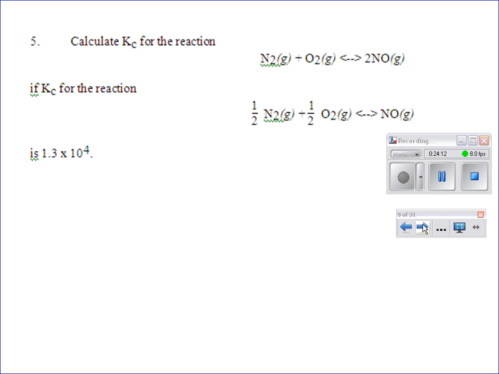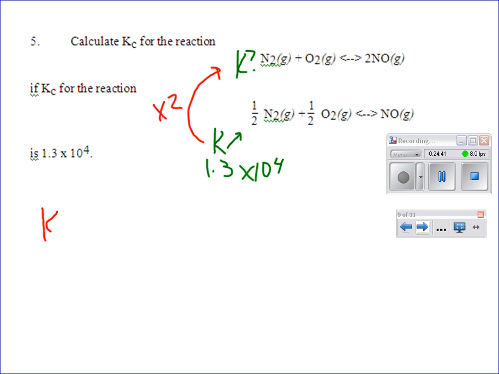All right. So last problem. It looks like it's a little bit reversed. This reaction has a K of 1.3 times 10 to the 4th. And the question says, well, what's the K for this one? And again, we're assuming the same temperature. Well, we need to figure out what did we mathematically do from here to there? Multiplied by 2. When we multiply by 2, we're multiplying all the exponents by 2.